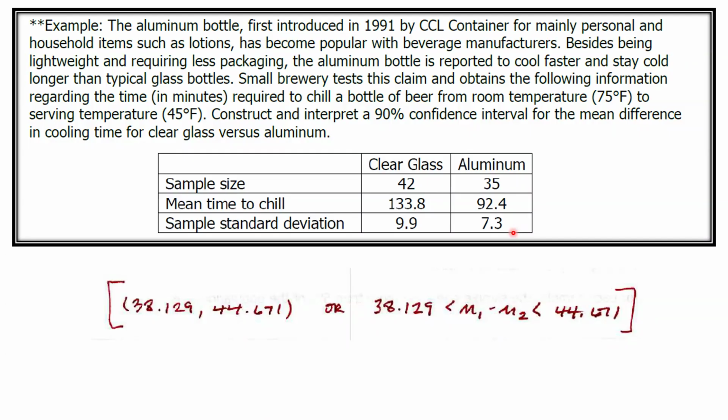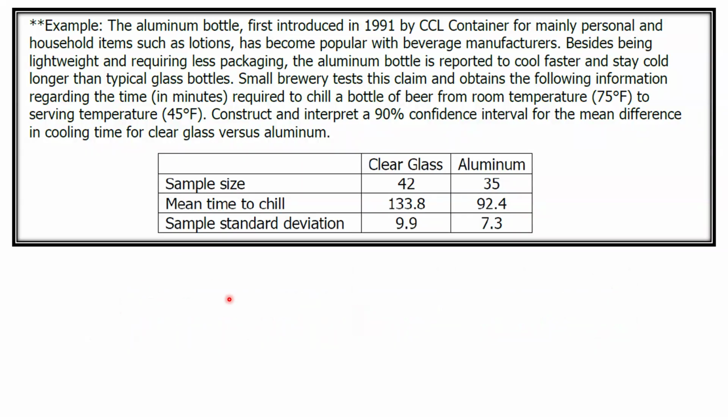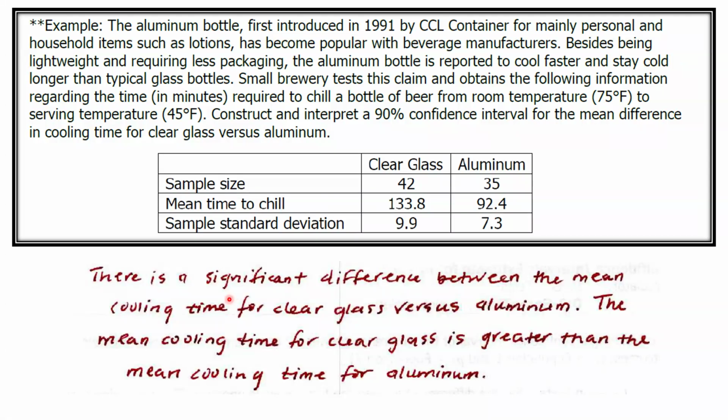Okay, so we have 2 positive values here. So we can say that there is a significant difference between the mean cooling time for clear glass versus aluminum. The mean cooling time for clear glass is greater than the mean cooling time for aluminum.